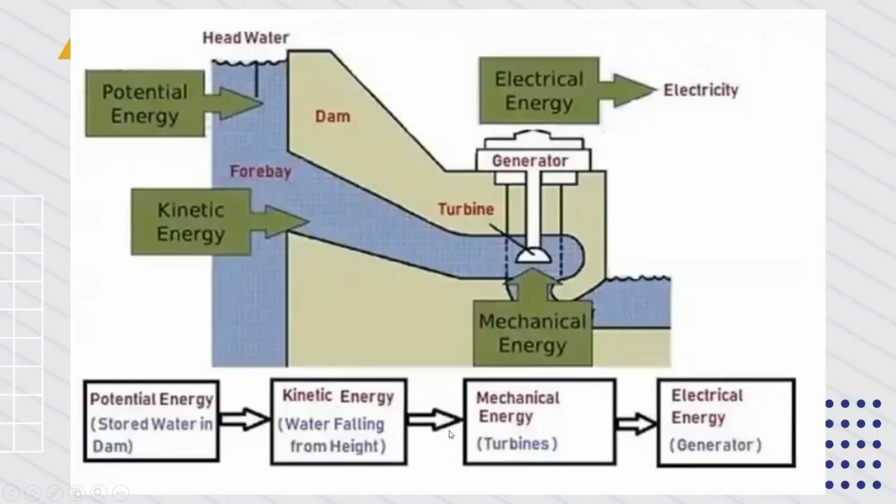Then when it reaches the turbine, the kinetic energy is transformed into mechanical energy. And then lastly, when it reaches the generator, it produces the electrical energy. So again, the correct transformation of energy is from gravitational potential energy to kinetic energy to mechanical energy and to electrical energy.